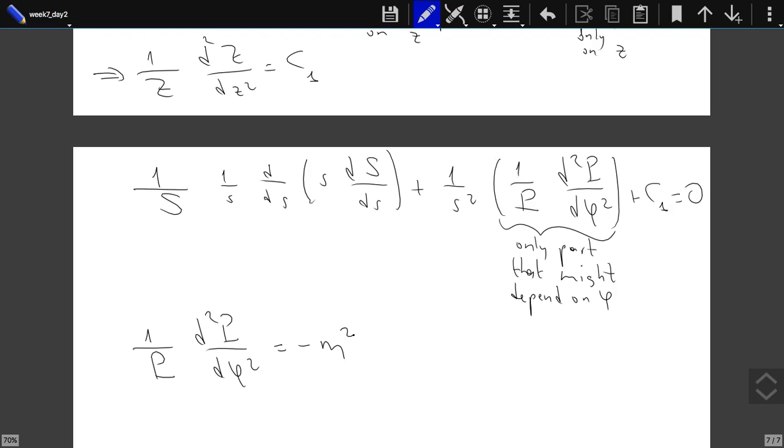Well, why did I choose it to be minus m squared? I already know that it should be periodic, and if it is periodic, it should be a sine or a cosine, and then for a sine or a cosine, the second derivative is a negative number times itself. So that's why I choose it to be minus m squared.